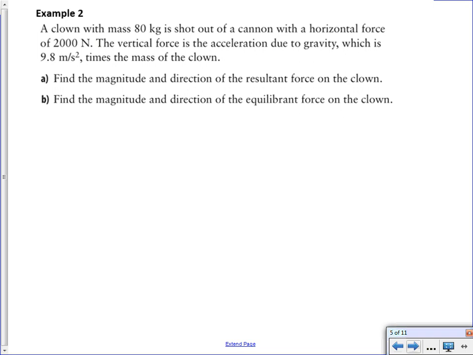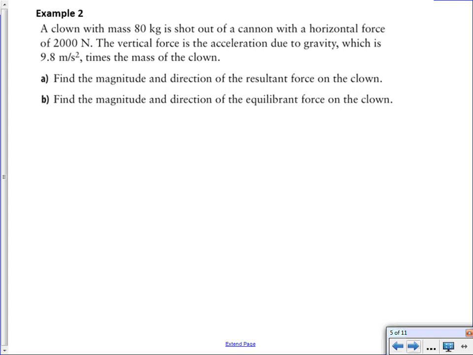Find the magnitude and direction of the resultant force on the clown, and then find the magnitude and direction of the equilibrant force on the clown. So we're going to find the resultant, and then the equilibrant will have the same magnitude, but the direction will be the opposite direction.